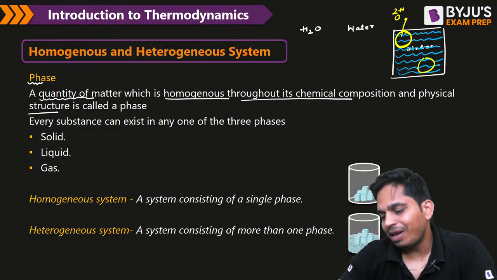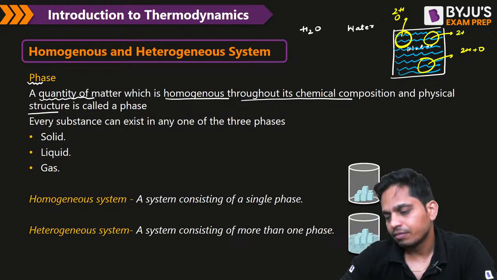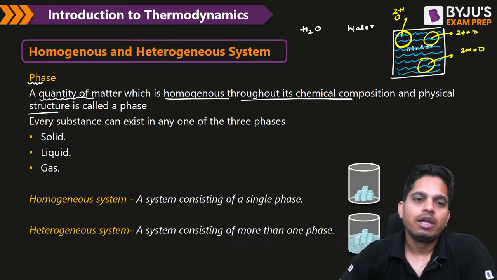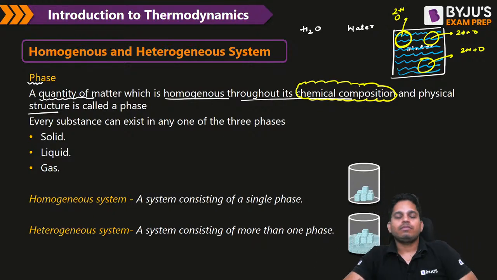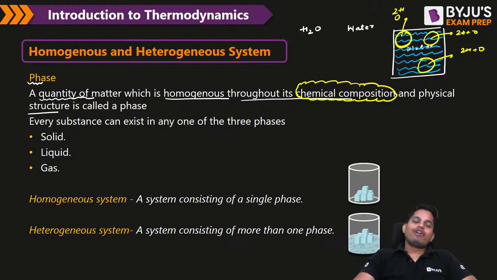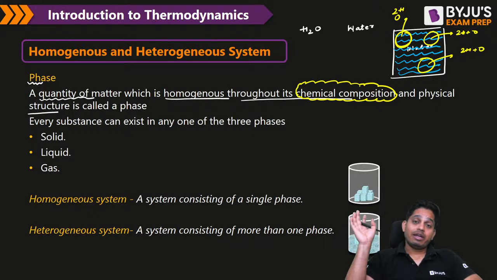You can take a sample here, it will have 2 hydrogen, 1 oxygen. Similarly, you can take this sample anywhere. Chemical composition will not change, it is homogeneous throughout. So when you take any sample from anywhere in the system and the chemical composition is not changing, it is homogeneous everywhere.